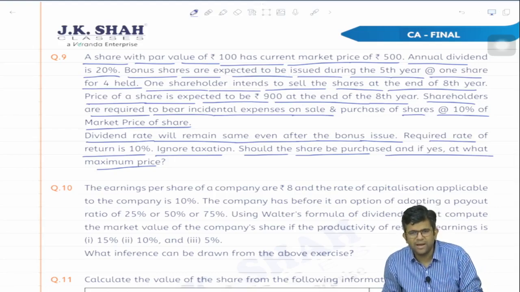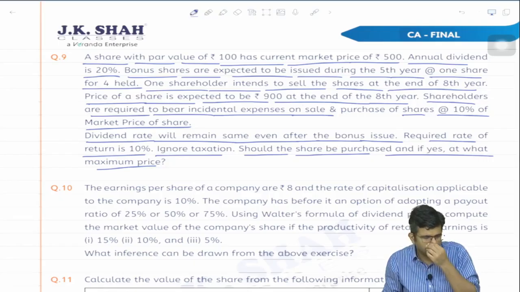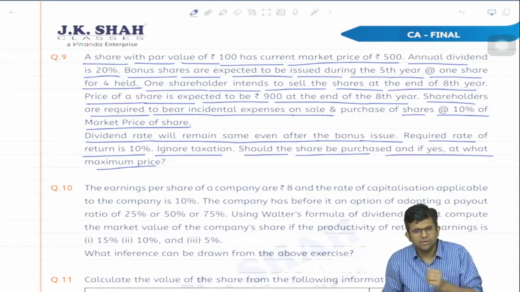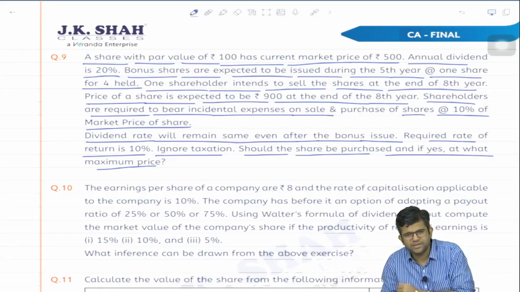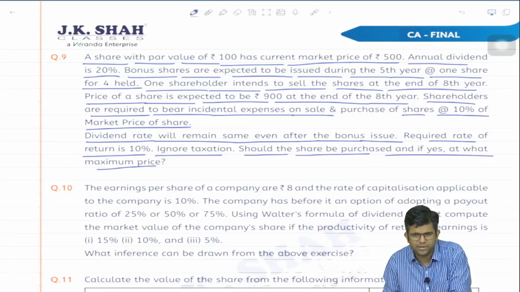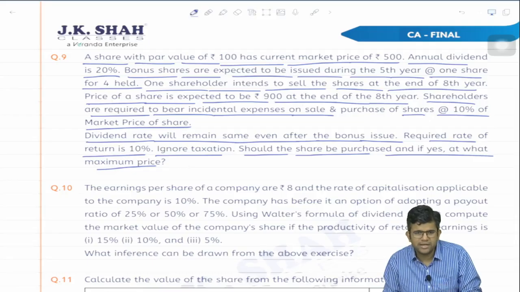You're understanding, when you buy and sell shares, brokerage you'll have to pay, unless you are on zero brokerage platforms like Zerodha or something like that, then you don't have to pay. But if you go to proper brokerage houses like ICICI Securities or HDFC Securities, Axis Securities, Kotak Securities, Angel Broking, all these kinds of people, if you go, then they will charge you brokerage on every sale and purchase. You're understanding? So here they are charging 10%.